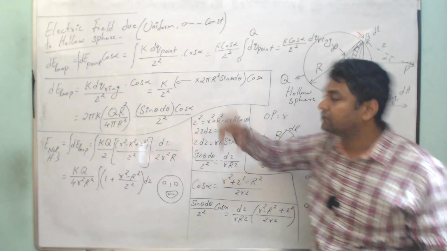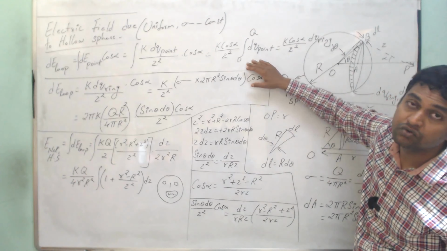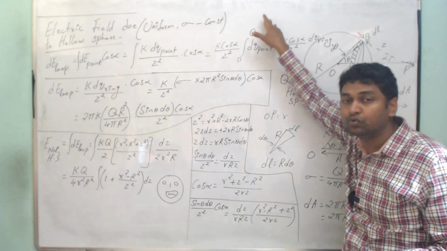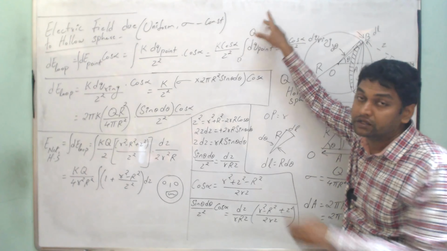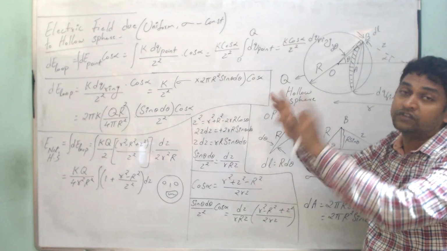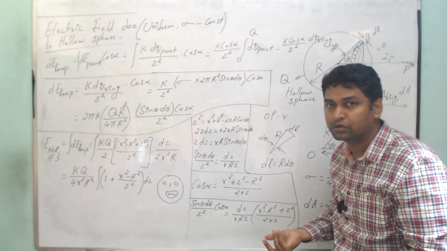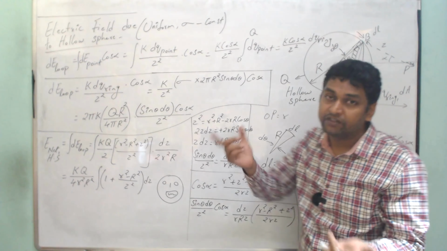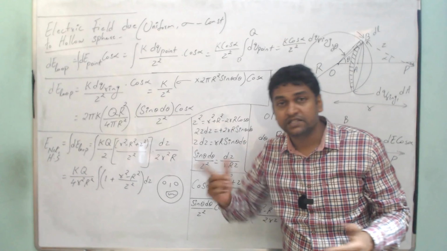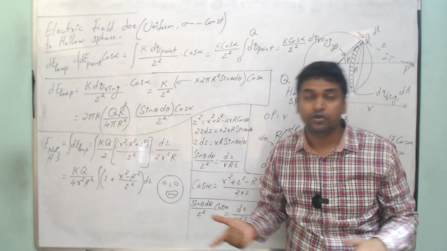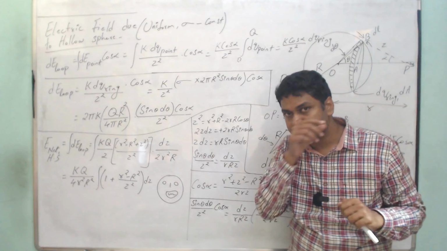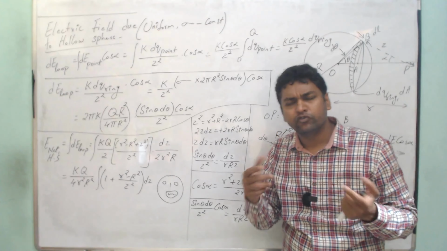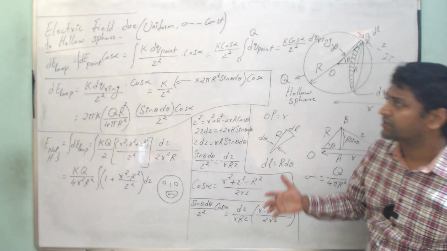In which my integral of dq will be 0 to q by 2. The 2 into q by 2 will be q. And when we take two components, sine alpha is not an important problem. So why should I consider sine alpha in the first place?